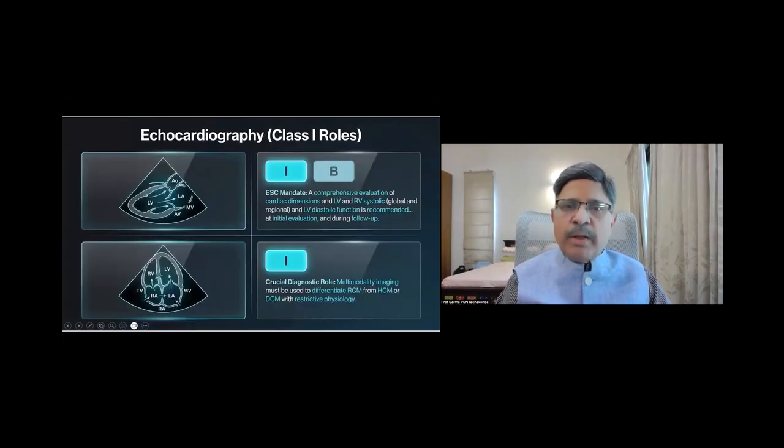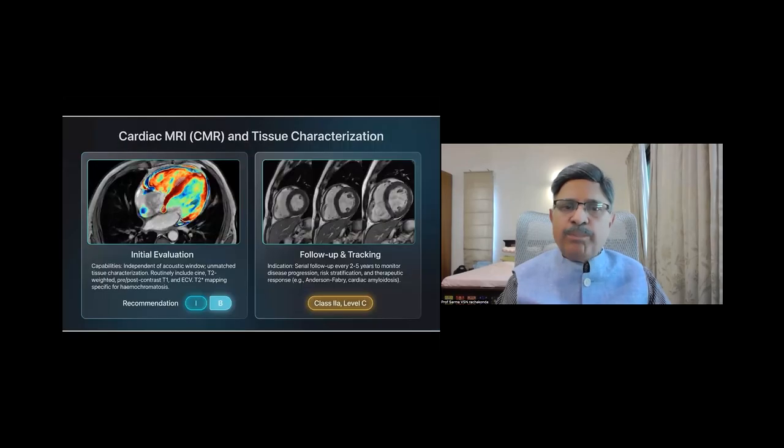Echo is required to classify the disease phenotypically: you require 2D echocardiography with all chamber measurements, chamber gradients, flow measurement, and wall thickness. Then you do the CMR, very important for your evaluation, particularly T2 weighted images, pre- and post-contrast, and then the mapping. This is very important for follow-up and tracking.